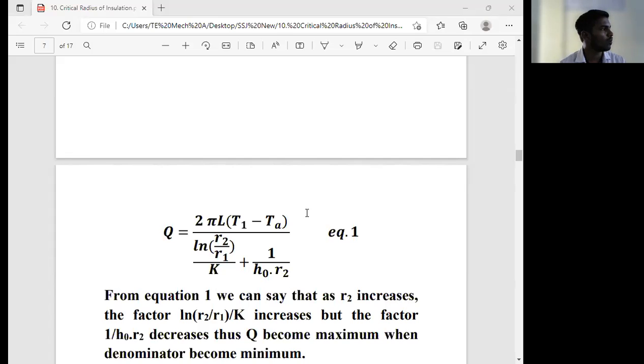So how to calculate the minimum value of the denominator? एखादा आपल्याकडे इक्वेशन असते आणि त्याची आपल्याला मिनिमम व्हॅल्यू फाइंड आउट करायची असते तर आपण काय करतोय. एनीवन, मॅथ्स आठवते का. मॅथ्स 12 शिकलाय ना. आता आपला डिनॉमिनेटर बघा, ln ऑफ R2 by R1 डिवायडेड बाय K प्लस 1 अपॉन HO इंटू R2. आपल्याला मिनिमम व्हॅल्यू फाइंड आउट करायची आहे तर काय करतो आपण त्या केसमध्ये. काय करावं लागतंय. डेरिव्हेटिव्ह घ्यायचं आणि काय करायचं.